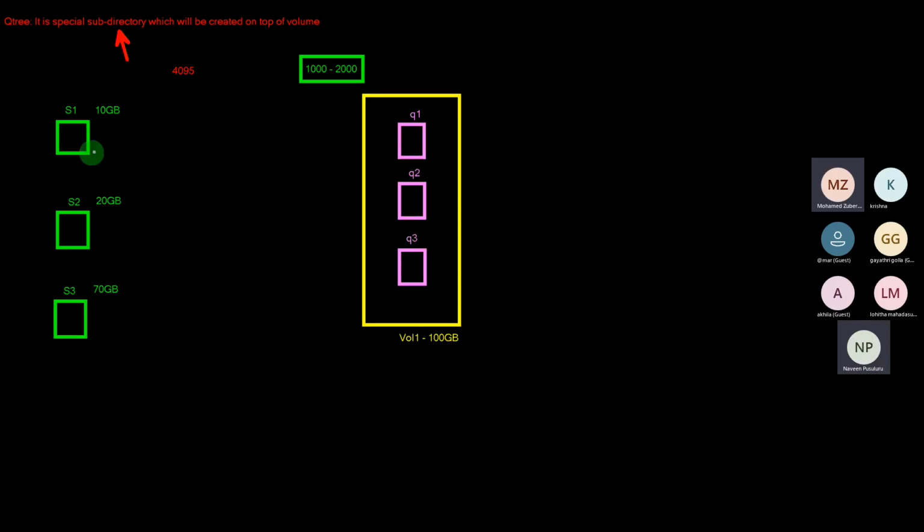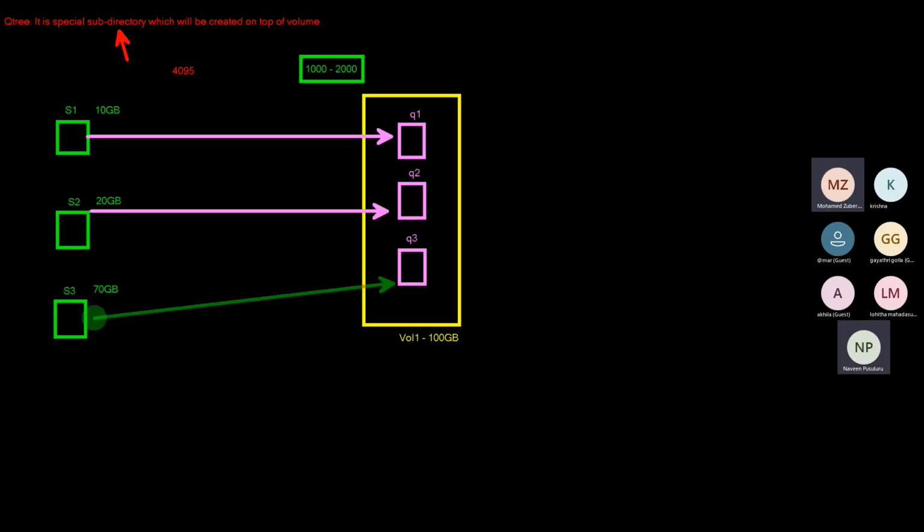Instead of presenting the volume, I'm going to present this Q tree to my client so that he'll save his data in the Q tree, not on the volume. Server 1 will start copying the data inside this Q tree. Server 2 will copy inside this Q tree. Server 3 will copy inside this Q tree called Q3, like that.